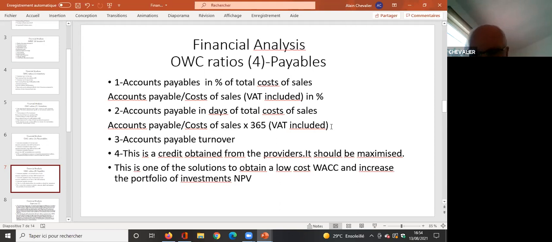The main element on these resources is that their cost is very limited. It's probably not completely zero. There is some kind of relation between the price negotiated and the number of days included in the contract for the payment.